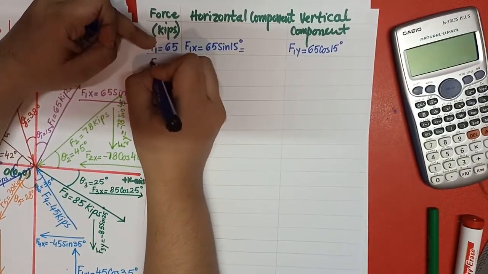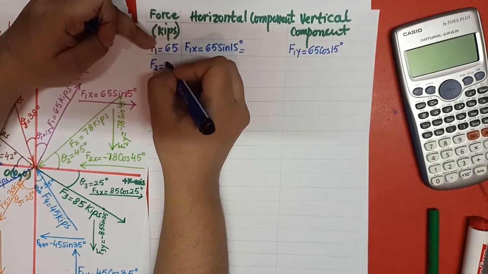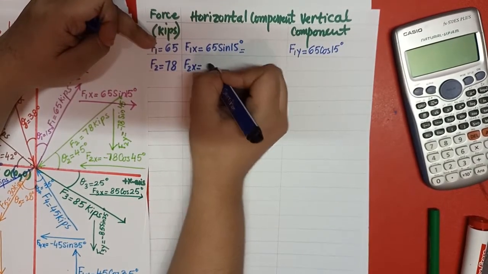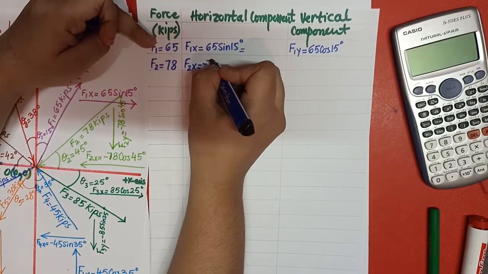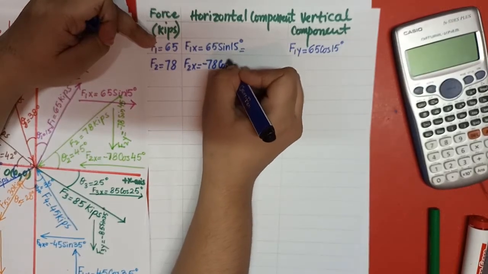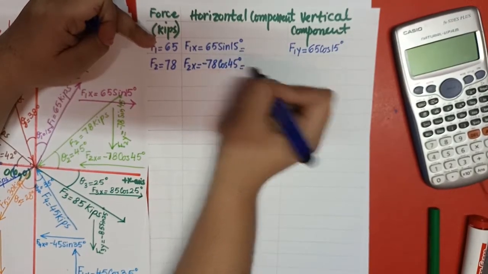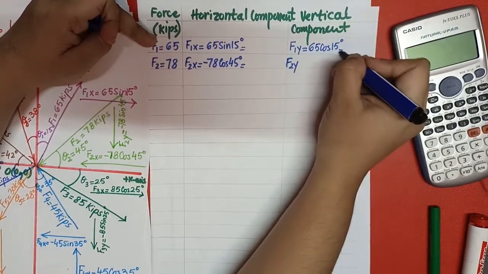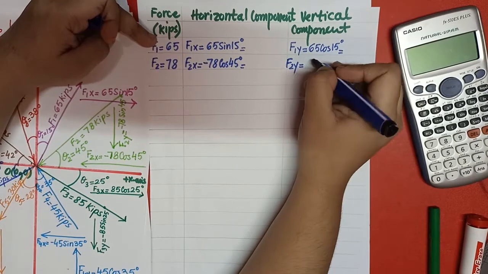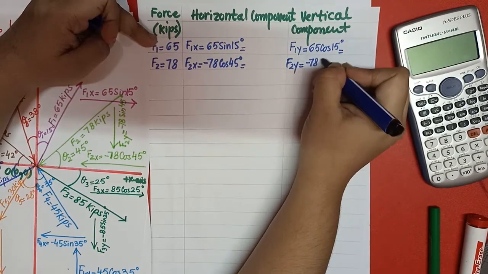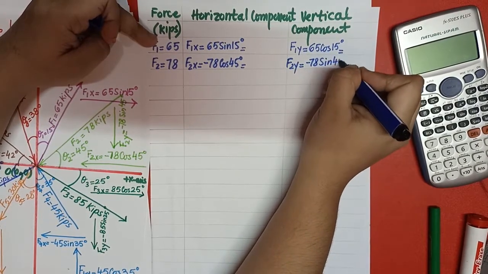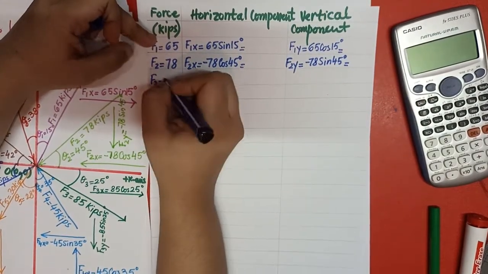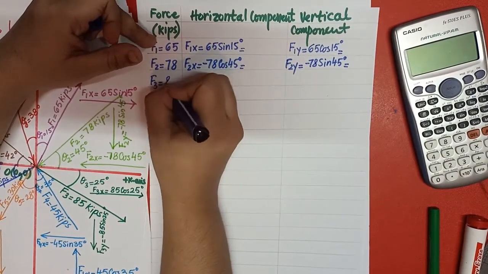The next force is F2, and the F2 force is 78 kips. F2x is equal to minus 78 cos of 45 degrees, and F2y is equal to minus 78 sine 45 degrees. And then the F3 force, let me write all the forces first.